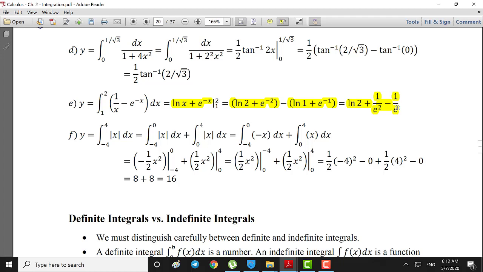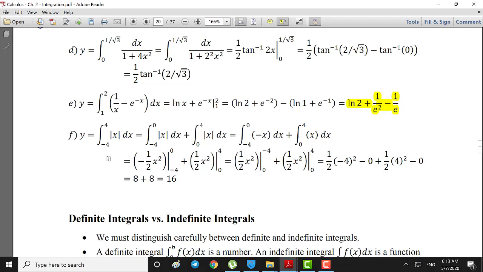This is your final result. And if you have a calculator, as an exercise, you can use the calculator to actually evaluate this: ln of 2 plus 1 over e squared minus 1 over e, right?